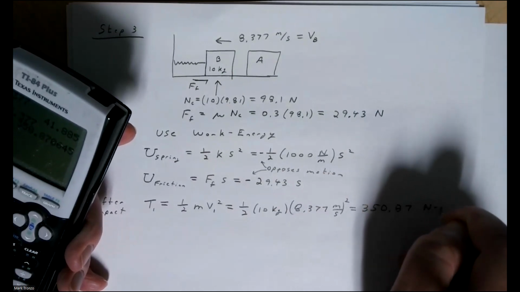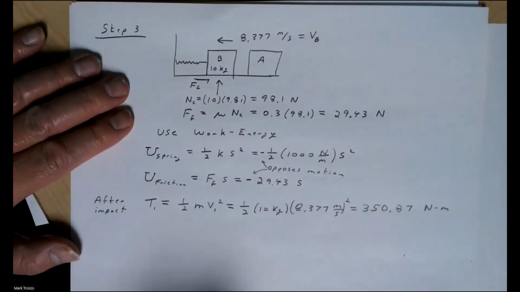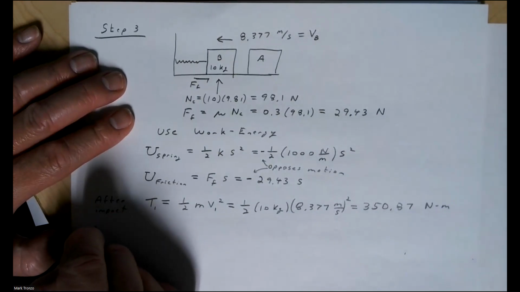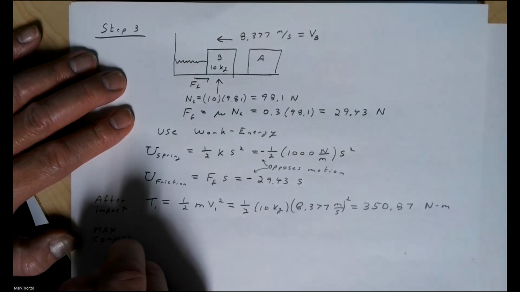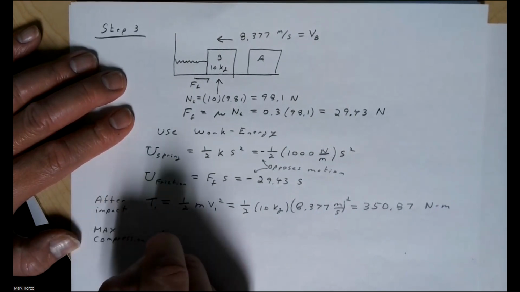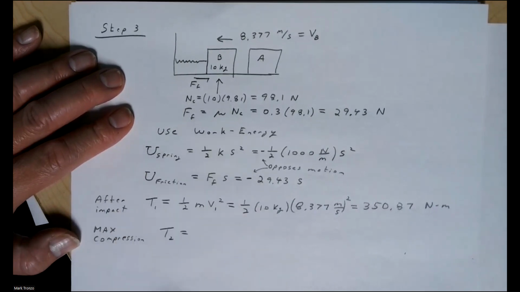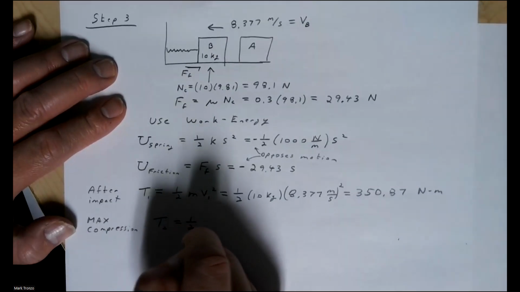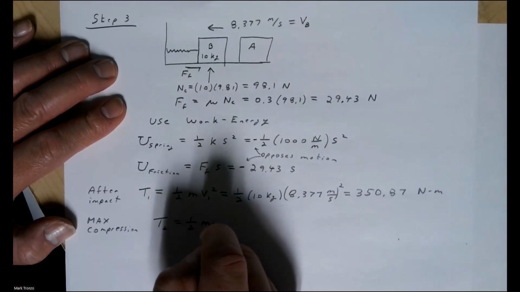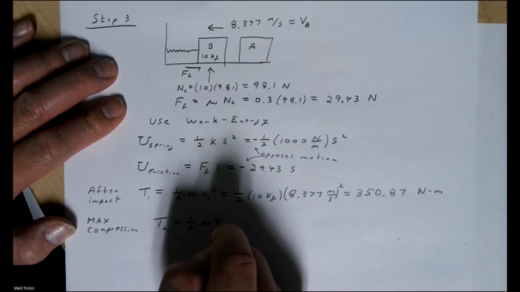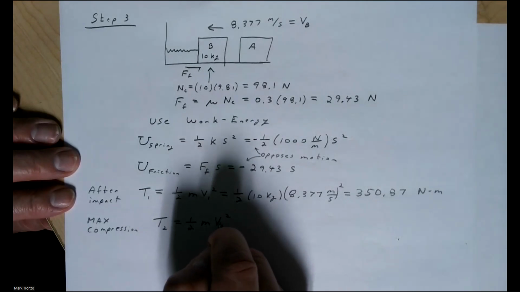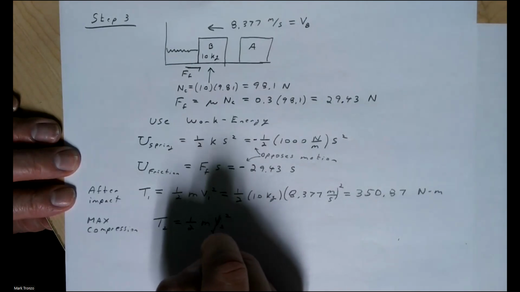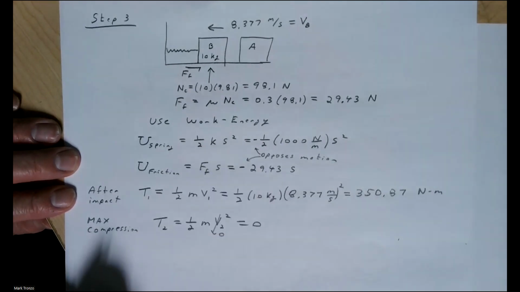And that's going to be newton meters. And of course, at maximum compression of the spring, or that T2, our kinetic energy is 1/2 mass times velocity 2 squared. But at maximum compression, this becomes 0. So that's going to be 0.